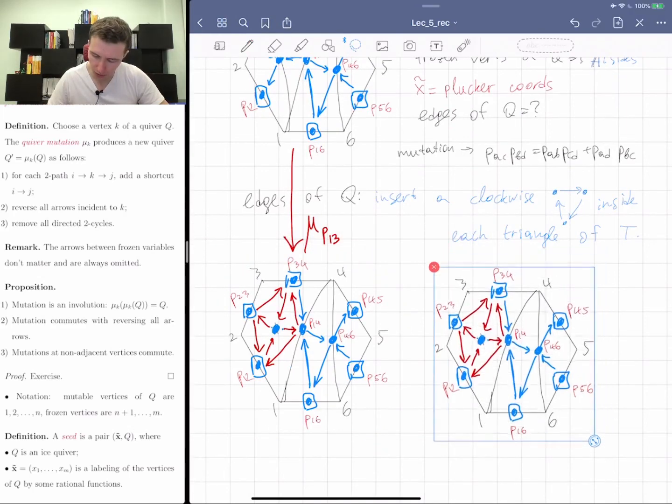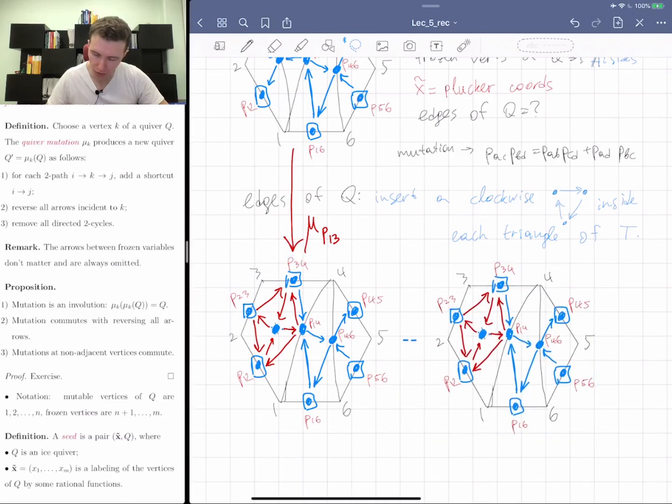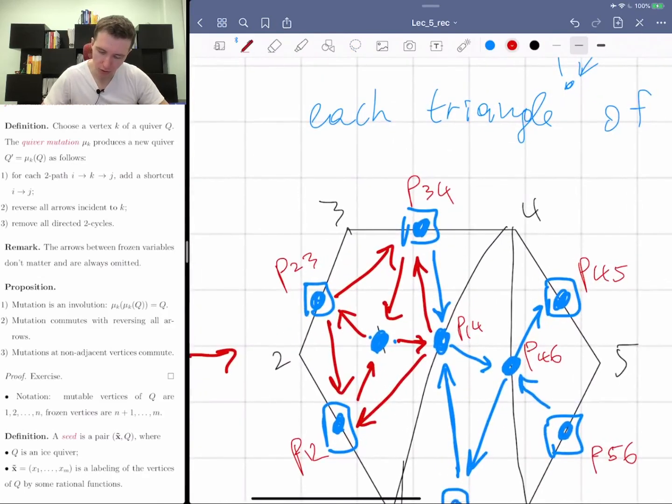So there's only a single double edge, where these 2 arrows are pointing in opposite directions. So I'm going to erase these 2 arrows, but let me also erase the arrows which point between frozen vertices. So I'm going to erase this one and this one.